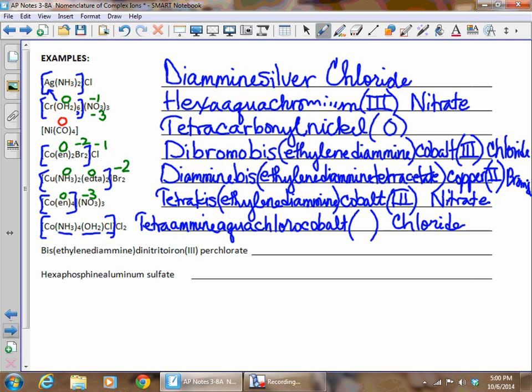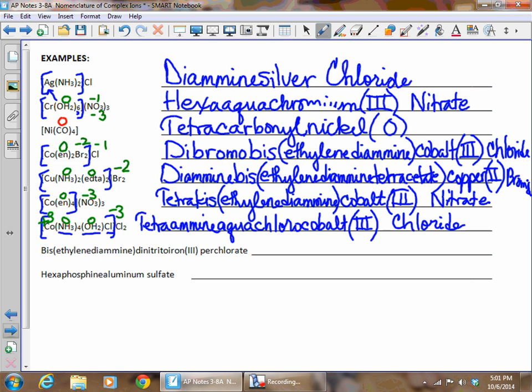We do need, again, our Roman numeral. Each chloride is a -1, so that gives us 3 chlorides at -3. Both amine and aqua are 0 neutral ligands, so cobalt has to be a +3. So that's what's going to go in parentheses. Tetramine aqua chloro cobalt 3 chloride.